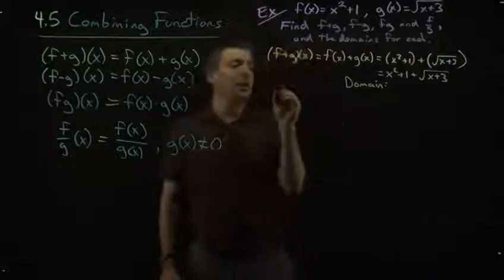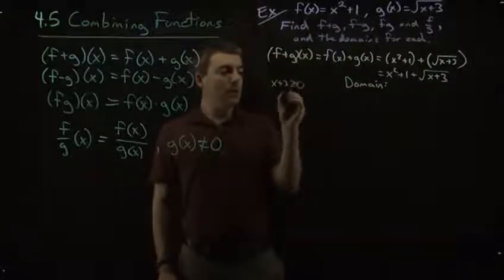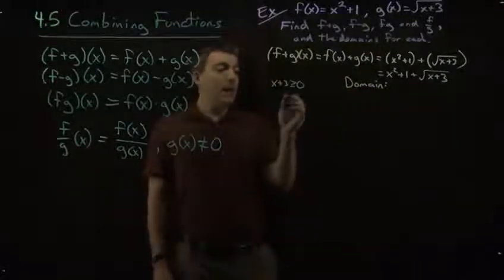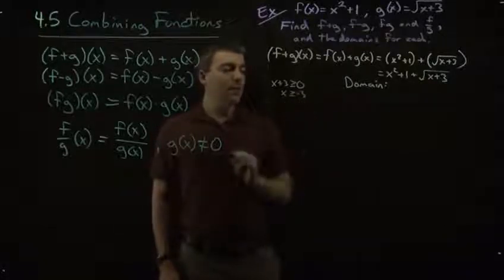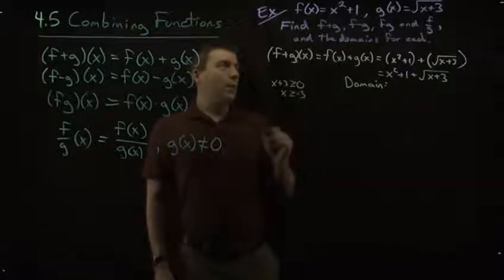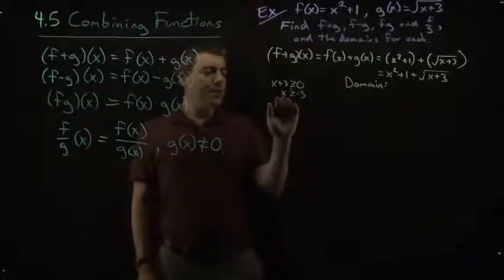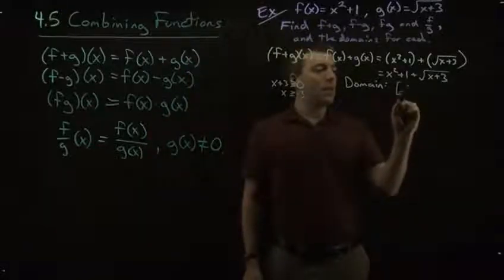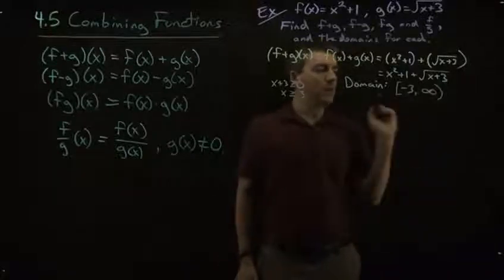So x plus 3 must be greater than or equal to 0. Make sure that we can take the square root of 0. Subtract 3, so x must be greater than or equal to negative 3. So we have all real numbers from f. g(x) is all numbers greater than or equal to negative 3, and so the domain must be all numbers greater than or equal to negative 3.